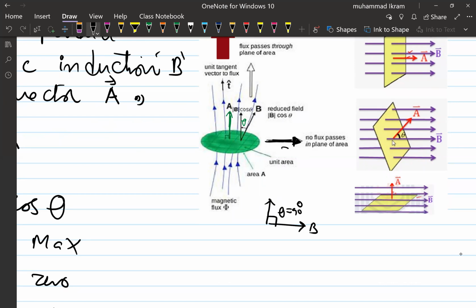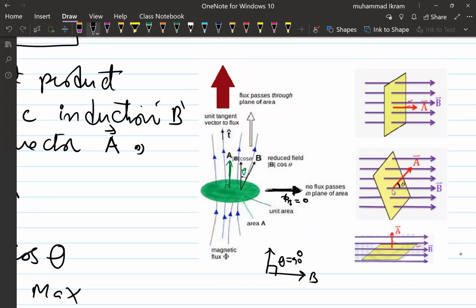So the flux in this direction is 0. And purely in this direction, the area vector is parallel to B, and what happens is that the flux is maximum.